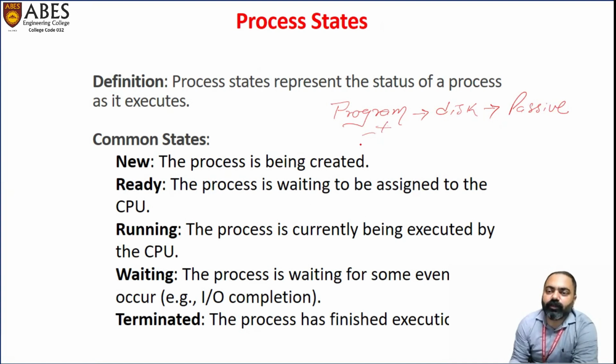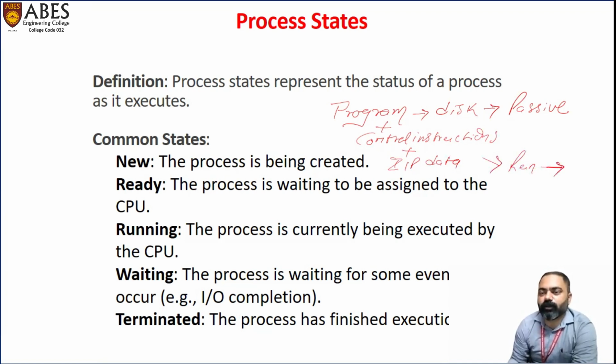When we add some control instructions plus some input data to that program and run that program, then the program converts into a process. When it resides inside the disk, this is a program, and when we run the program, it becomes a process. A process is an active entity.